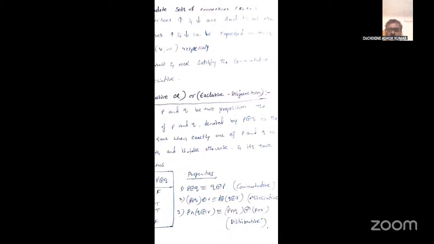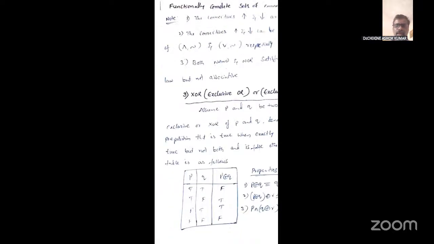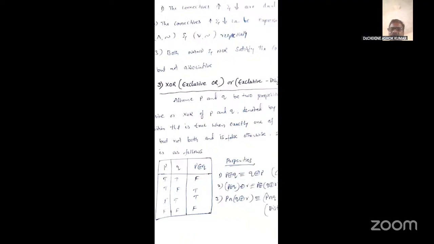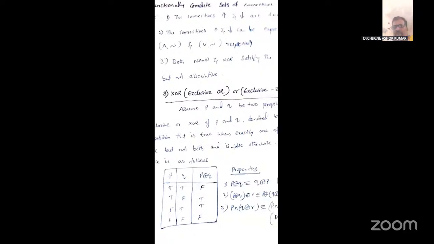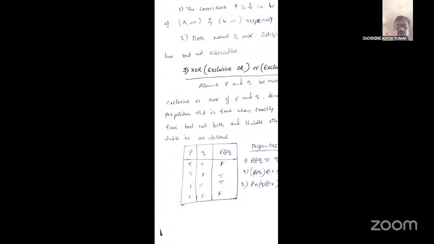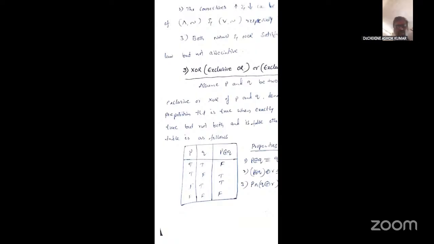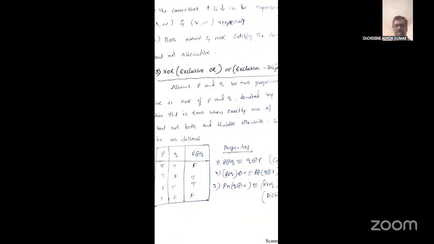P XOR Q is the proposition that is true when exactly one of P and Q is true, but if both are true it is false. Otherwise, it is false: any one of the quantities true gives a true result, and otherwise, meaning both false, it will go to false.